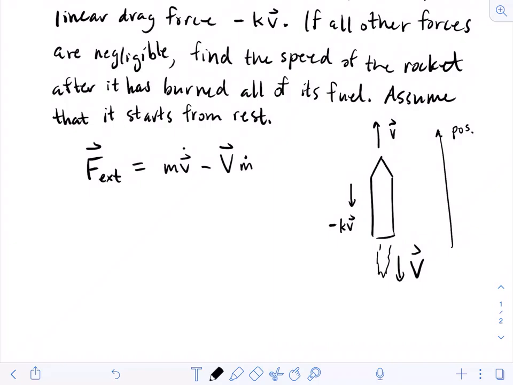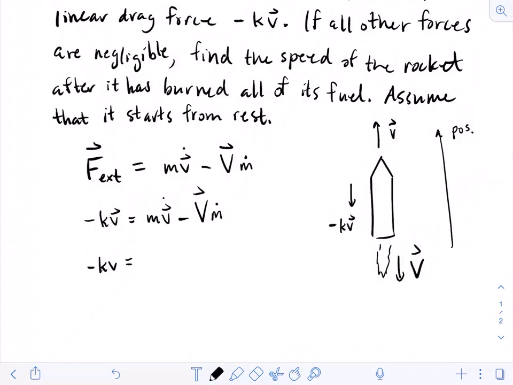And so we could write that the external force is minus kv, and then that has to be equal to m v dot minus capital V m dot. Because it is a 1D problem, we can just use the sign to indicate the directions of these vectors. What we require is that the drag force act in the negative direction, and that's really just equivalent to saying that the velocity v is in the positive direction.